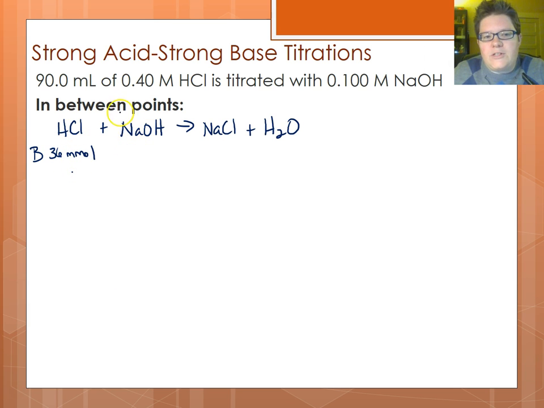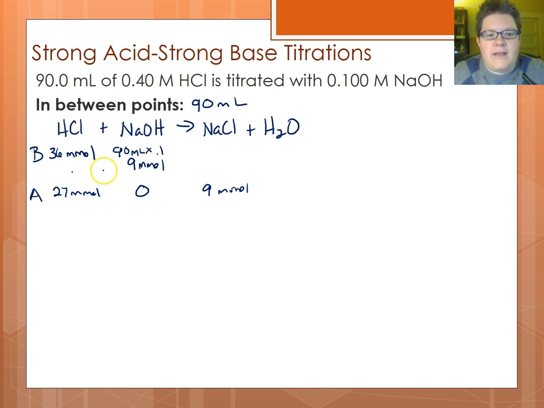And then my NaOH, we're going to do an in-between, so let's go ahead and do 90. So we'll do 90 milliliters there. And so if you're looking at 90 milliliters, it's going to be 90 milliliters times 0.1, and so that's 9 millimoles. Okay, after, 36 minus 9 is going to be 27, and this guy is 9 minus 9, aka 0. And then this guy will be 9. Because if 9 disappeared from this side, 9 appeared on this side. So 0, and then don't care.